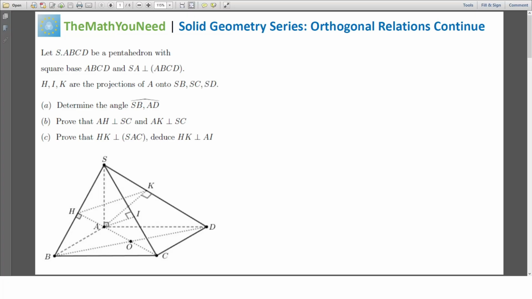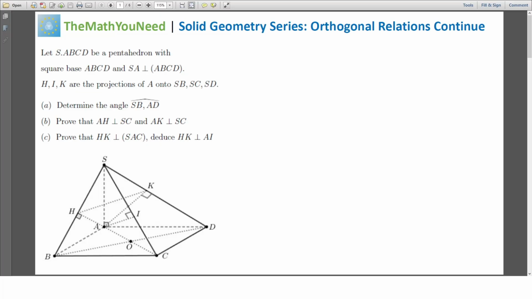Let S.ABCD be a pentahedron with square base ABCD, and SA is perpendicular to the base plane ABCD. H, I, and K are the projections of A onto SB, SC, and SD respectively. A, determine the angle formed between SB and AD.